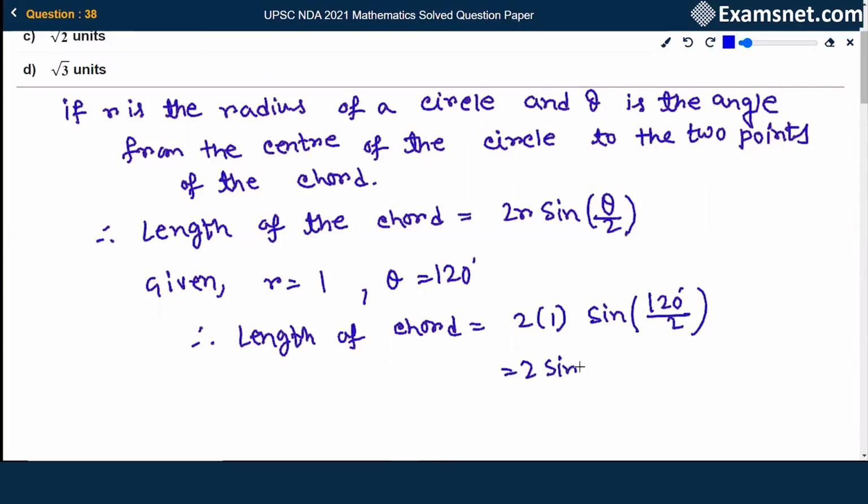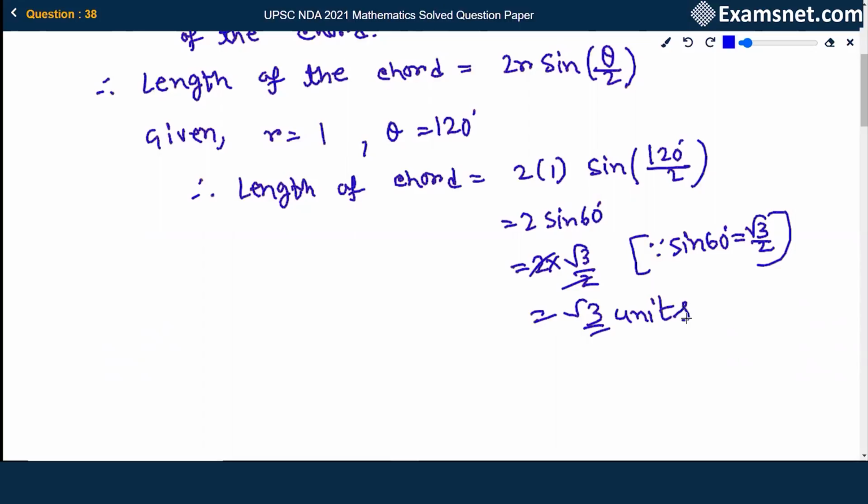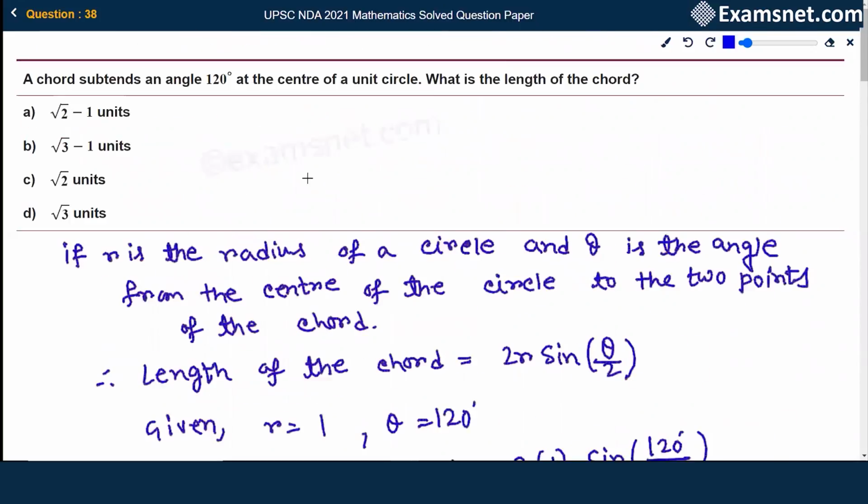So 2 sine 60 degree. Sine 60 degree gives us the value root 3 by 2. So here root 3 is the correct answer, root 3 units. So option D is the correct answer here.